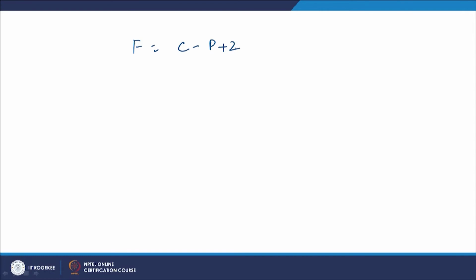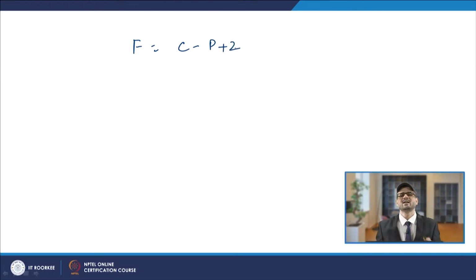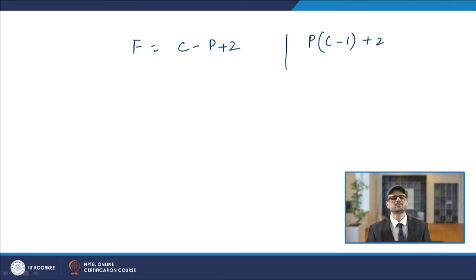According to Gibbs rule, f is C minus p plus 2, and here you get f as p into C minus 1 plus 2. So, this degree of freedom cannot be more than the total number of variables.